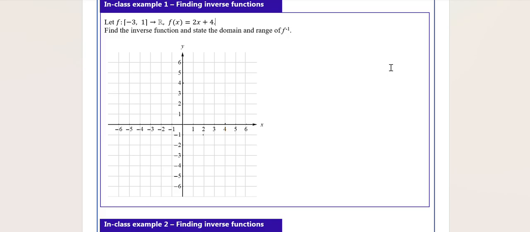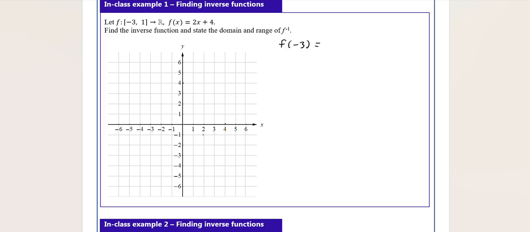So the very first thing I want to do to get a sense of what I'm dealing with is I'm going to plot out my starting function 2x plus 4. I'm going to say that it's going to run from -3 to +1. I'm going to find the two endpoints of my graph and then connect them up so I've got it plotted out. So my graph is going to start at -3.